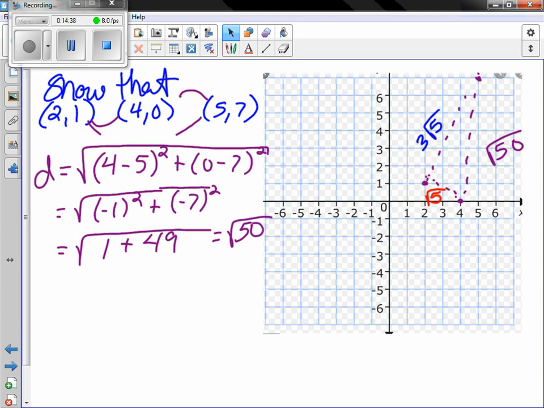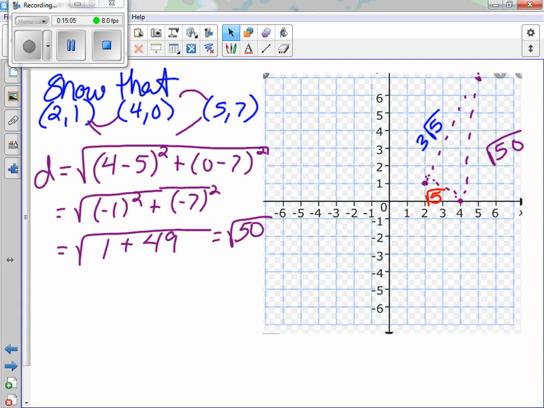Now we need to determine if it's a right triangle, yes? According to what we're doing here and how they want us to do it, they want us to use the Pythagorean theorem. So which one of these is going to be the hypotenuse? We know that this is not going to be the biggest side.